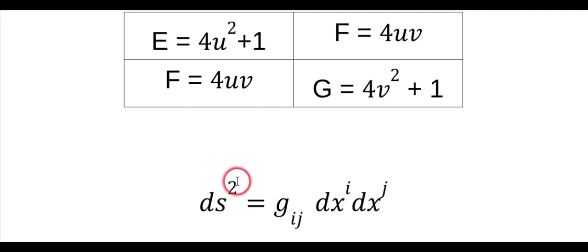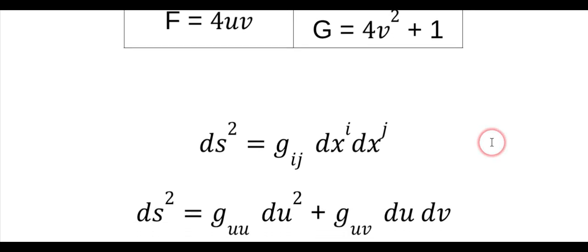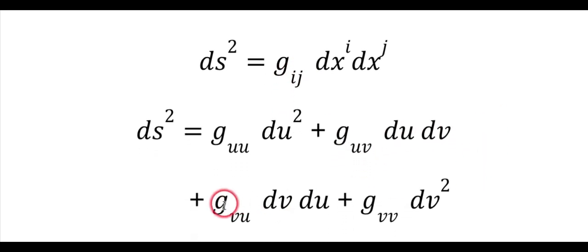The invariant infinitesimal line element ds squared is equal to the metric tensor times the product of the infinitesimal components, right? So we're only working in 2 dimensions, so we're going to have 4 of these, and we would write them like this: guu du squared plus guv du dv plus gvu dv du and gvv dv squared, right?